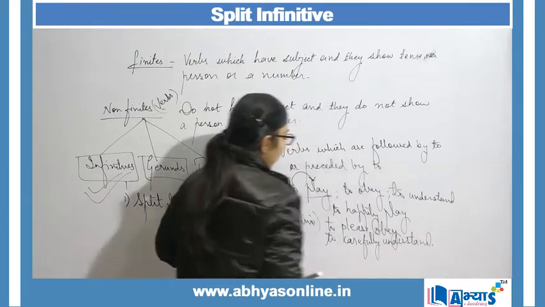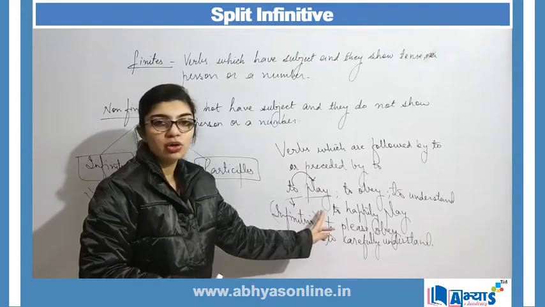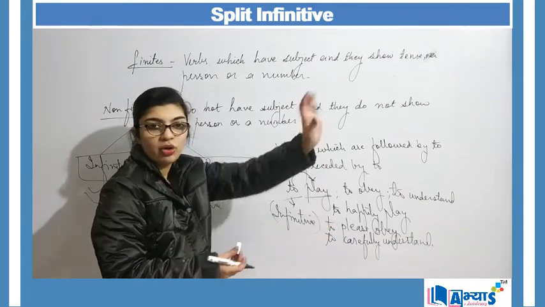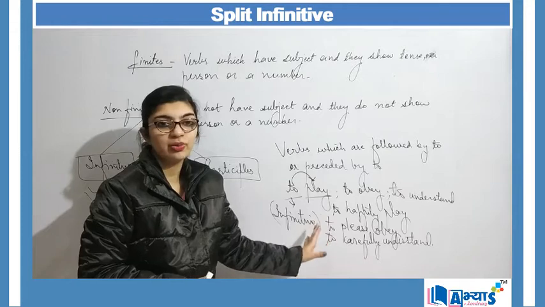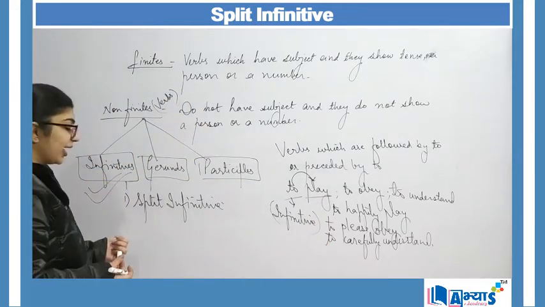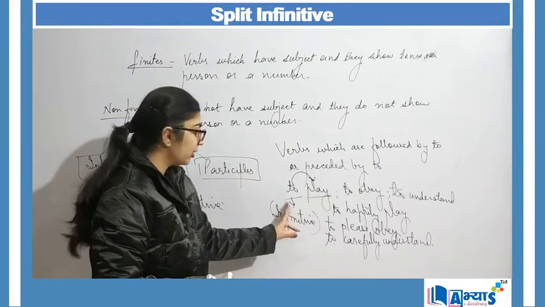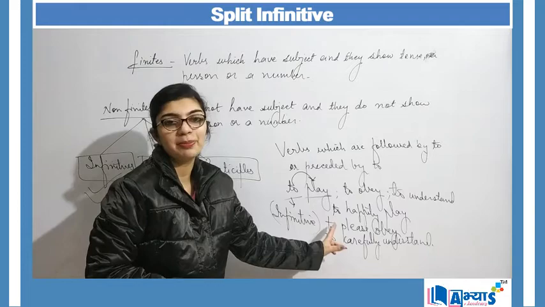I said all those words which immediately follow the verb or which are immediately followed by the verb are referred to as infinitives. But split infinitives are all those words which come in between the infinitive and my verb.